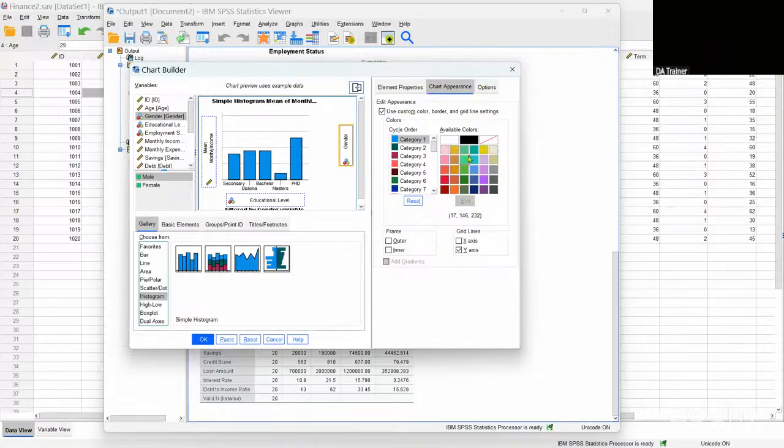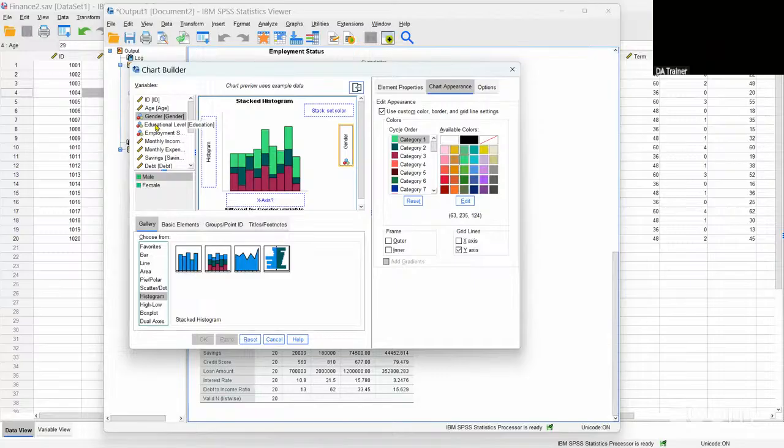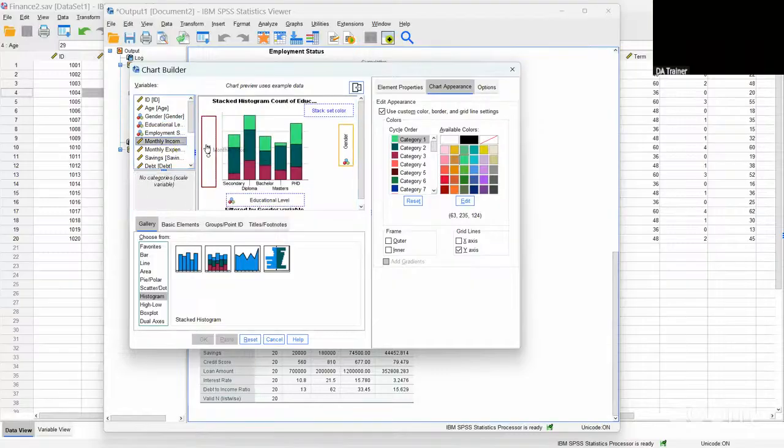Let me change the color. Chart appearance. Okay, let me choose this, let me choose this multiple. Education to X, monthly income to Y, gender to filter.